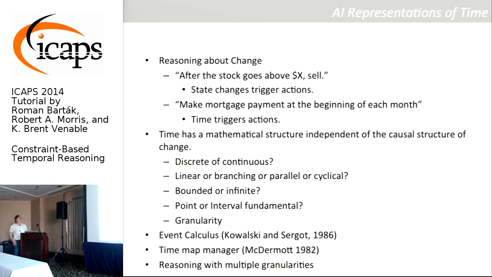So it was eventually realized that time has a mathematical structure independent of the causal structure of change. So you separate out the temporal elements from the causal elements in your planning systems. And we'll see a lot when I talk about the applications at the end. We'll see planning systems involve this sort of separation of temporal structure from causal structure.